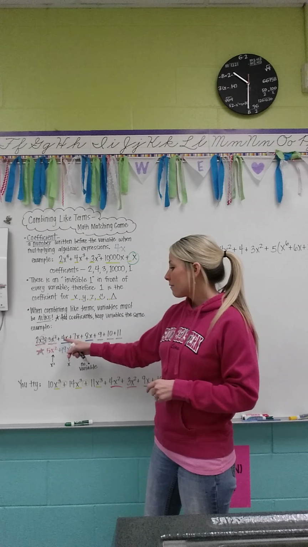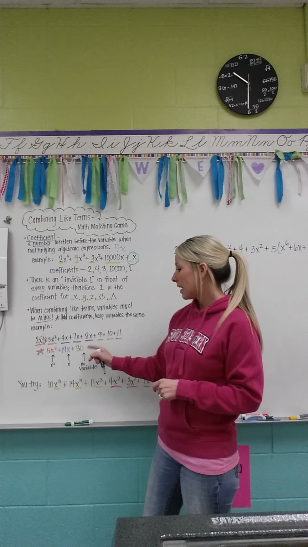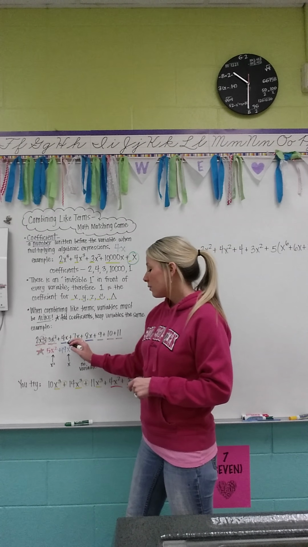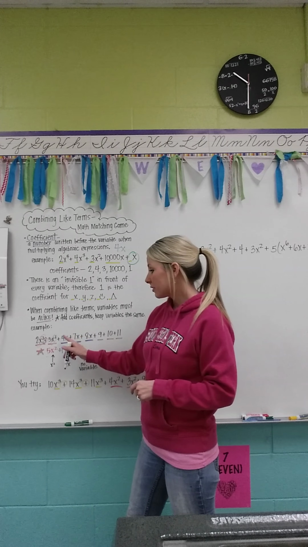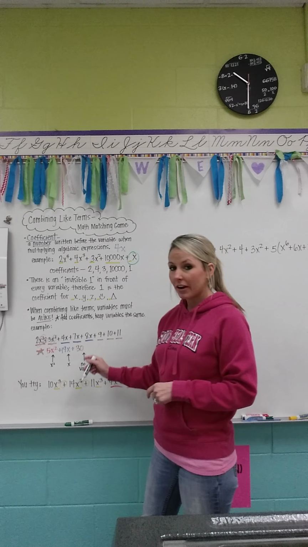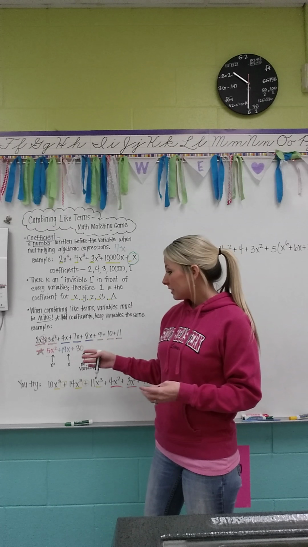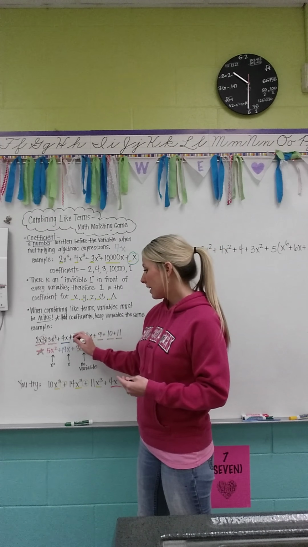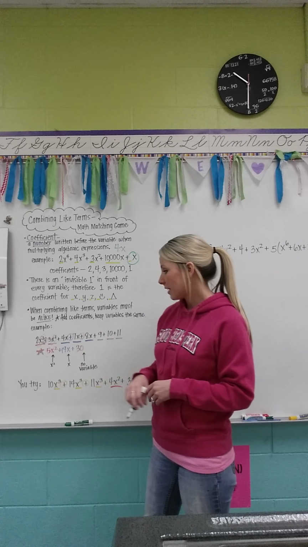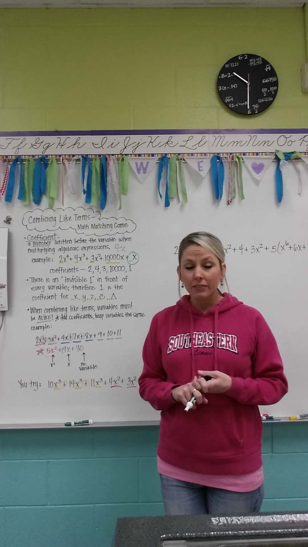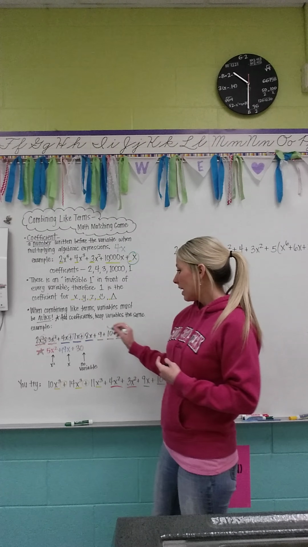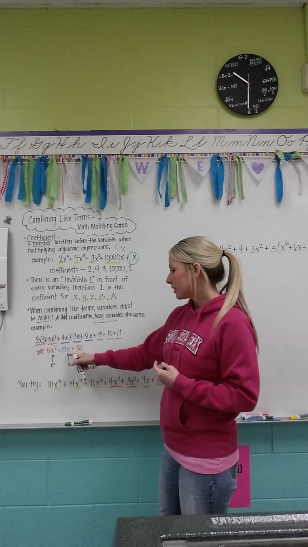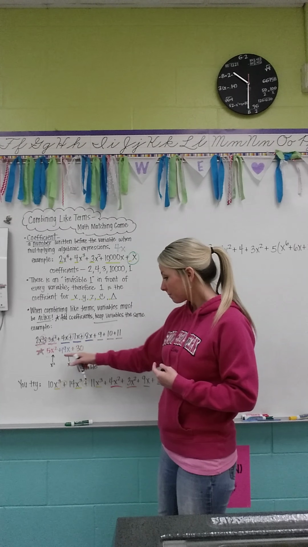Okay. Next I have 4x plus 7x plus 8x. If you look, our coefficients are 4, 7, and 8, and our variable is x. So I'm going to take 4, 7, and 8, and I'm going to add them together because I have addition signs. So 4 plus 7 is 11, and then plus 8 is 19. And I will keep the variable the same, so it's going to be 19x.